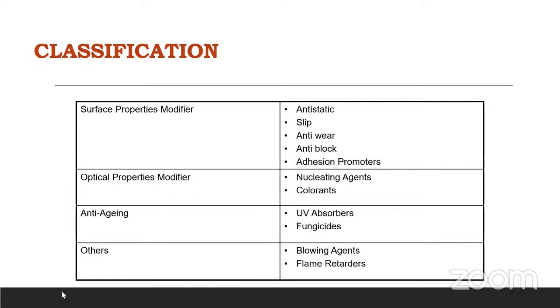Then you have surface properties modifiers. Now there are some polymers or plastic materials where the surface properties are of utmost importance. Let's say, for example, in packaging of electronic items. While packaging electronic items, the plastic film should be anti-static.